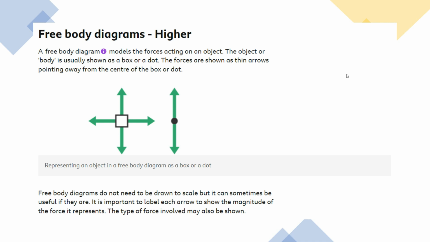You don't have to draw the book, the table, or the human who placed that book on the table. Instead, you will simply draw an object as a square or a circle, and just with arrows show the direction of the application of the forces.